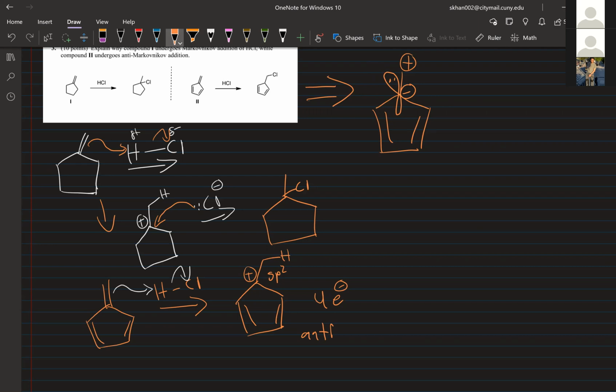And if we had an intermediate that looked like this, what would it be? Anti-aromatic? Non-aromatic? Aromatic. Aromatic, right? So essentially we're doing a reaction through a pathway that has an intermediate that will be aromatic stabilized. Wait, how is it aromatic though?